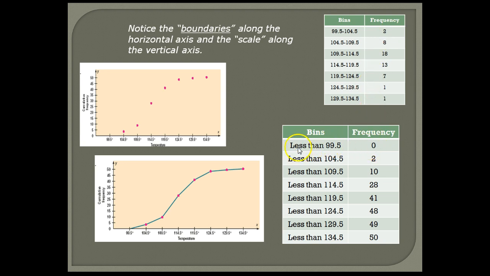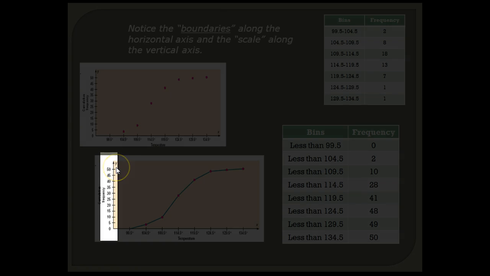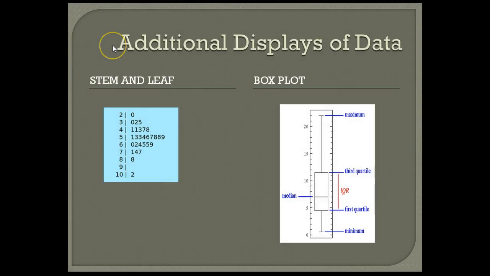We've started with 0 at less than 99.5 and added each subsequent frequency to find our running total. Remember, our cumulative frequency should end with the total number of data points we had in our set. Once we've plotted each point, we connect it with a line, and we'll have our ogive. The scale we used along this axis was counting by fives, because that would encompass our cumulative frequency nicely.